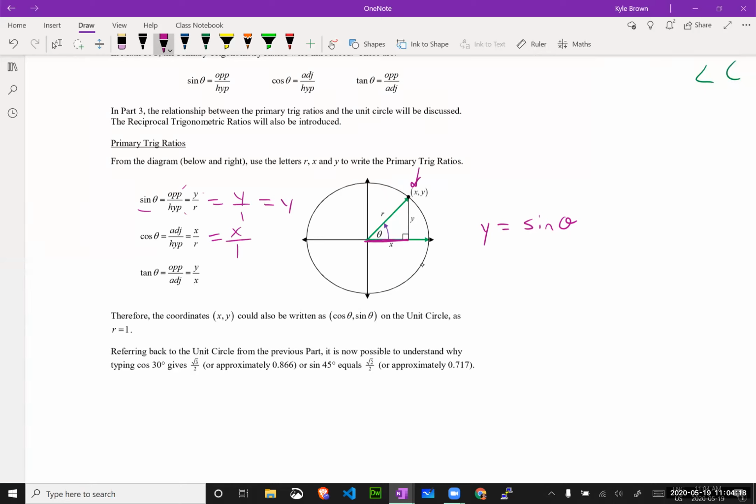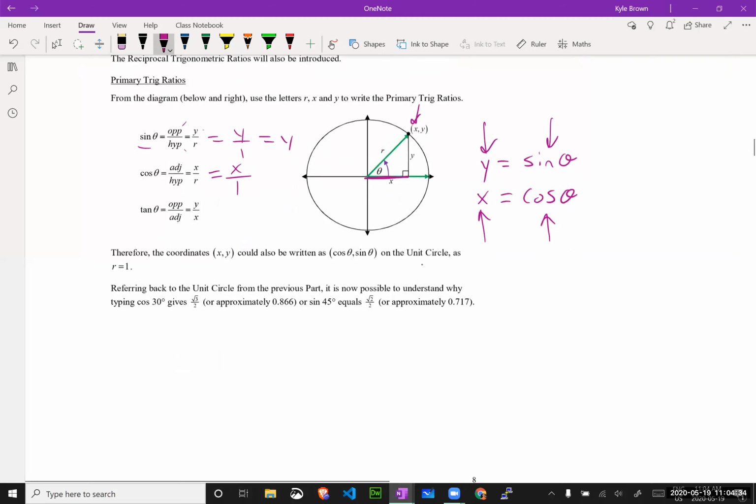So x is really going to be cosine of theta. That's going to be very important. We're going to be doing this a lot, so remember that y is sine, x is cos. Very key that we get that down.